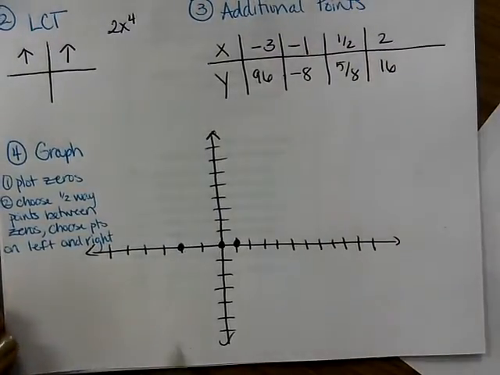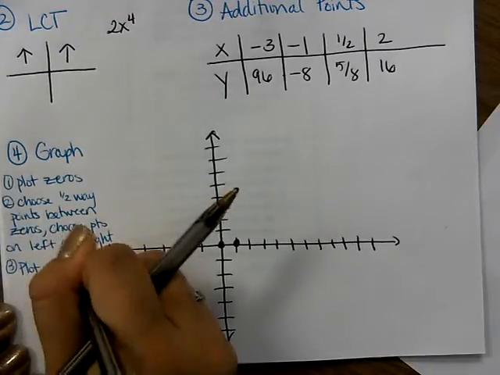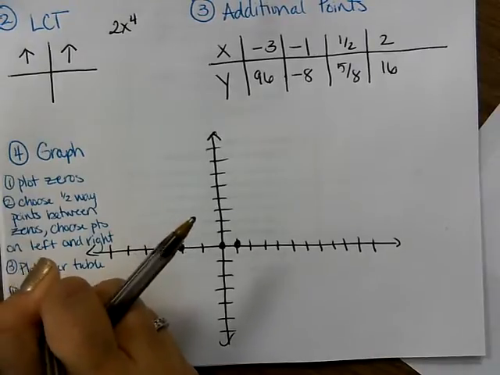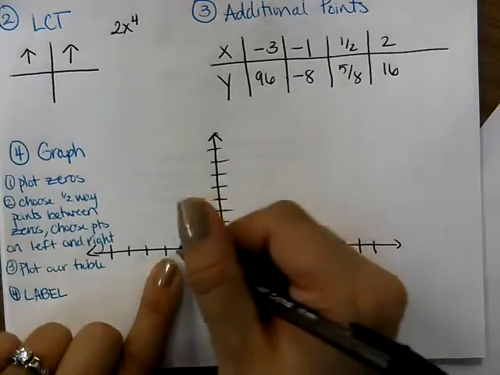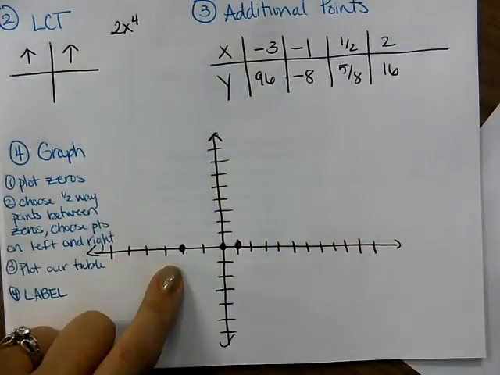Okay, so now step 3 on this graph over here, we're just going to plot our table, and then we have to label, and that's where we're going to talk about what I expect for a fully labeled graph. So we have -3, 96. Now, I don't expect you to really go to 96 on our scale.